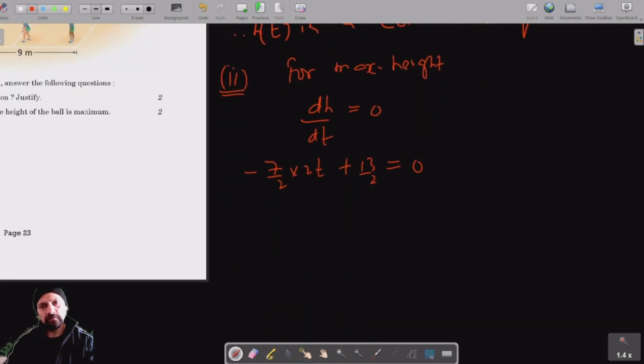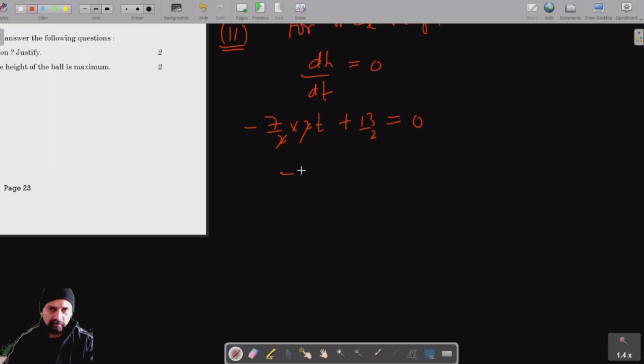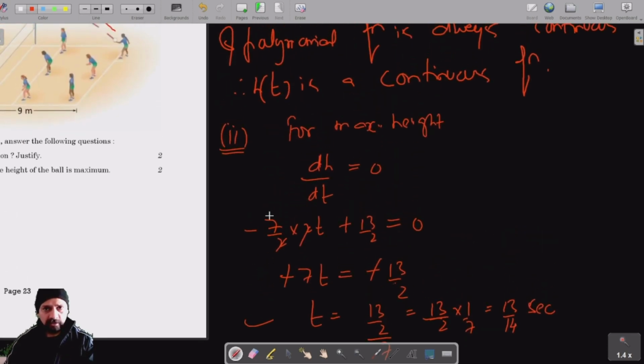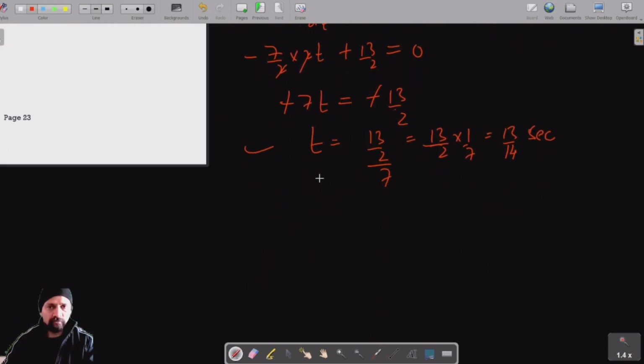It should be equal to 0, which gives us minus 7t is equal to minus 13 by 2, and t is equal to 13 by 2 divided by 7, which gives us 13 by 14. So at 13 by 14 seconds, the height is maximum.